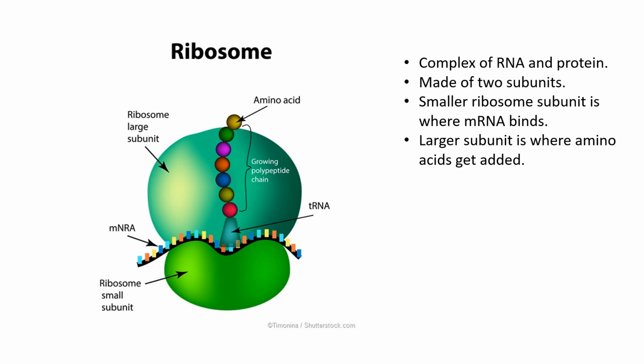That is the ribosome's small subunit, labeled, and that is where the mRNA is attached. Then you can see the amino acid on the bigger dark green larger part of the ribosome, where the amino acid is getting added, and as you can see, there is a growing polypeptide chain right there. So that is the structure and functionality of the ribosome.